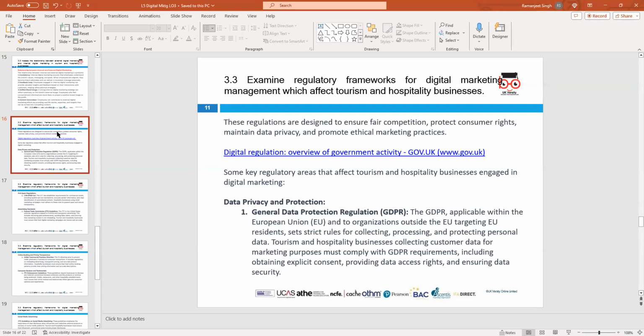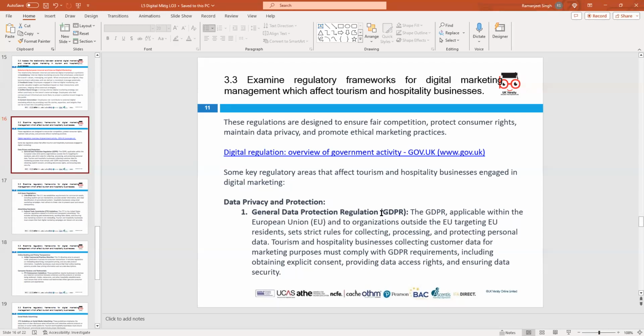All the governments in the world have some kind of digital laws regulating the framework for marketing, for buying and selling, for booking and so on, making sure that people are protected. One of the laws is the Data Protection Act, or GDPR, the General Data Protection Regulation.